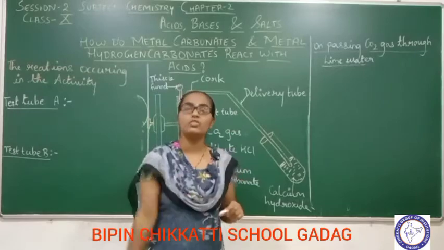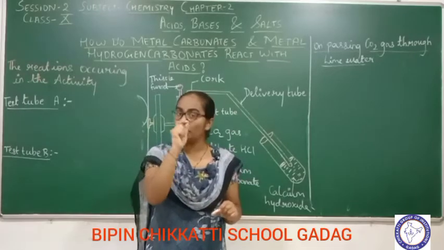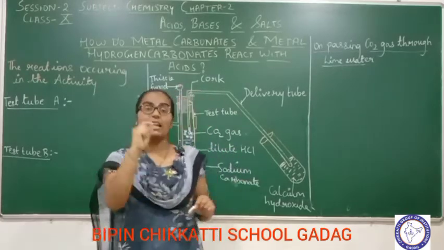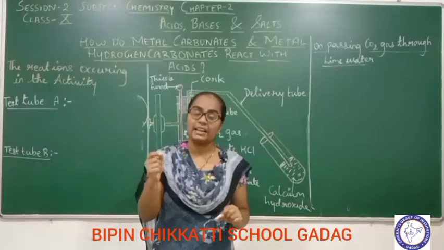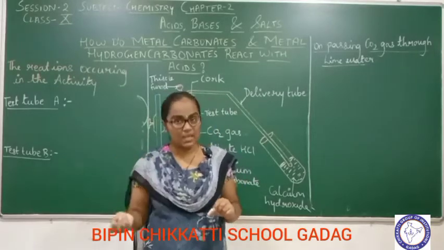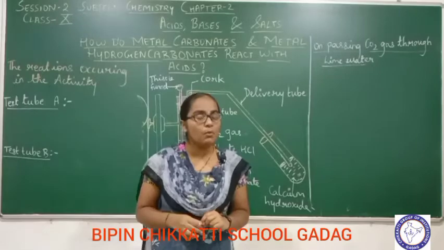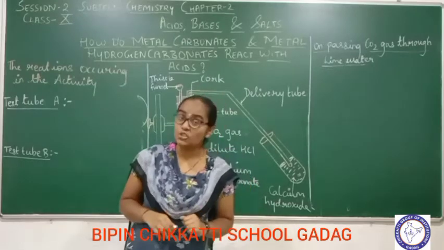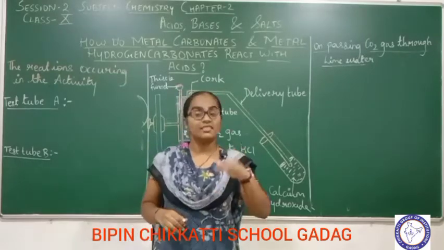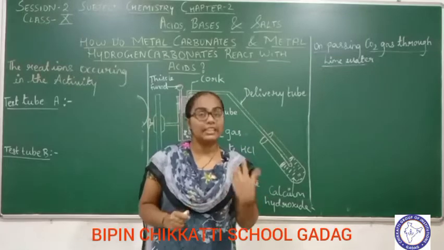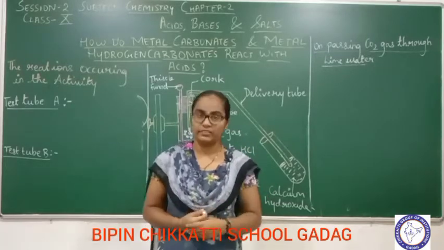Which metal did we use? Zinc in the form of granules, and when that zinc was reacted with sulfuric acid and a certain base, a certain product was formed. Now in session 2 we are going to study certain different activities and the reactions based upon them.